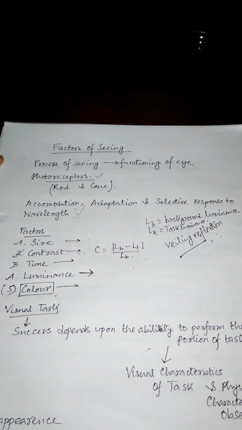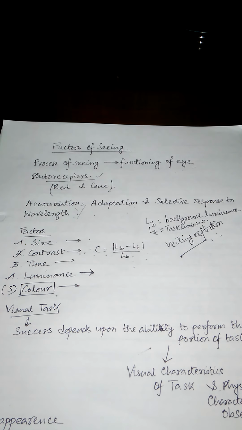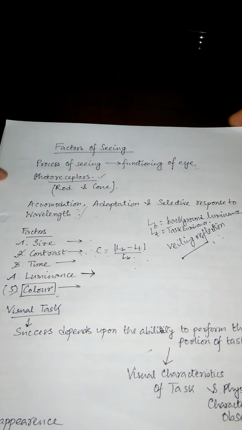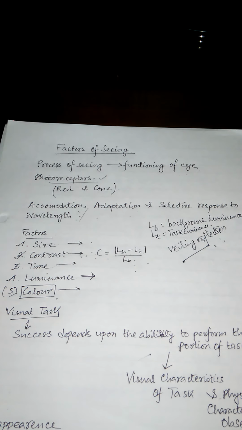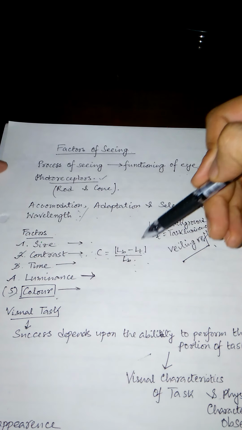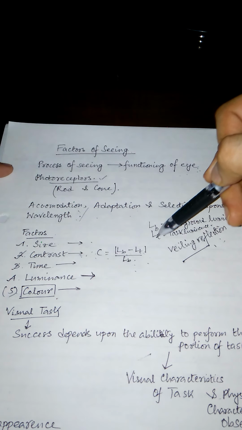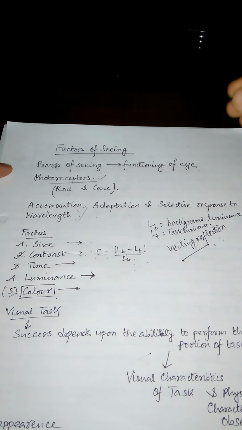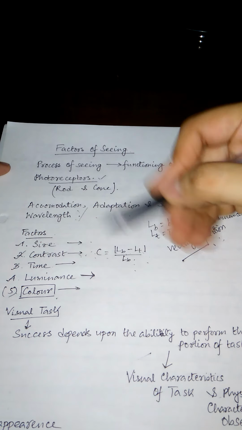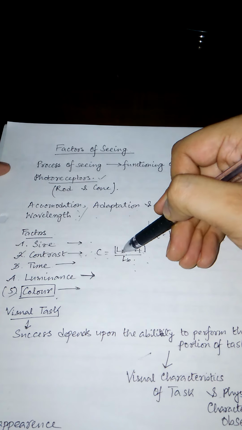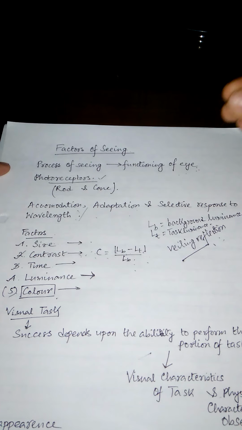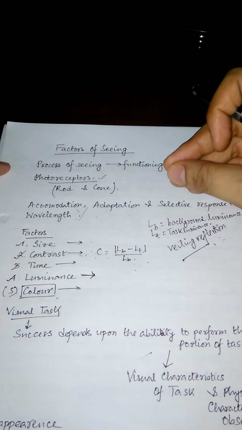And obviously the contrast between the background and the task is also going to be reduced. So when the contrast reduces between the background and the object, it is difficult for us to see the object properly.